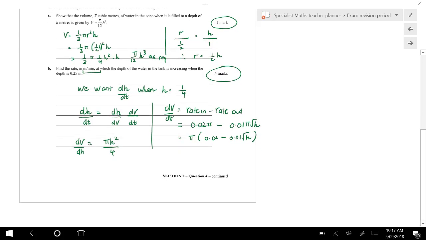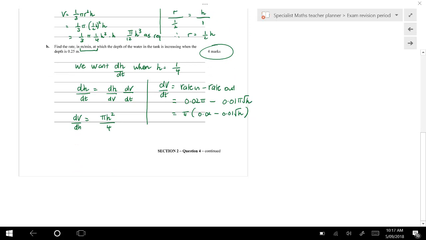Now, I can go ahead and express it, but remember we need to flip it and find dH/dV. So therefore, dH/dt is that flipped, which is 4 over pi h squared, and then that's times by pi. Well, that's convenient. We put pi out the front. Those pi's are going to cancel.